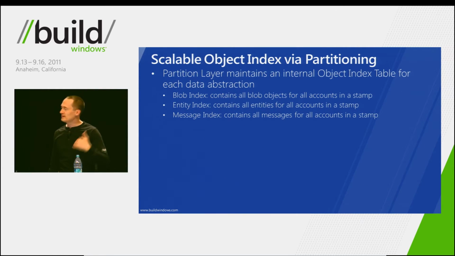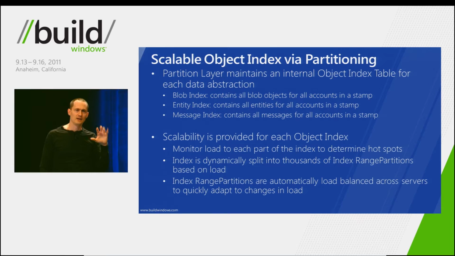And so what we did internally inside of our object layer is we provide what we call object index tables. Okay? So we have a blob index, an entity index, and a message index. And this is an index of all the blob objects across all storage accounts in that storage stamp, an index across all entities, and across all messages.